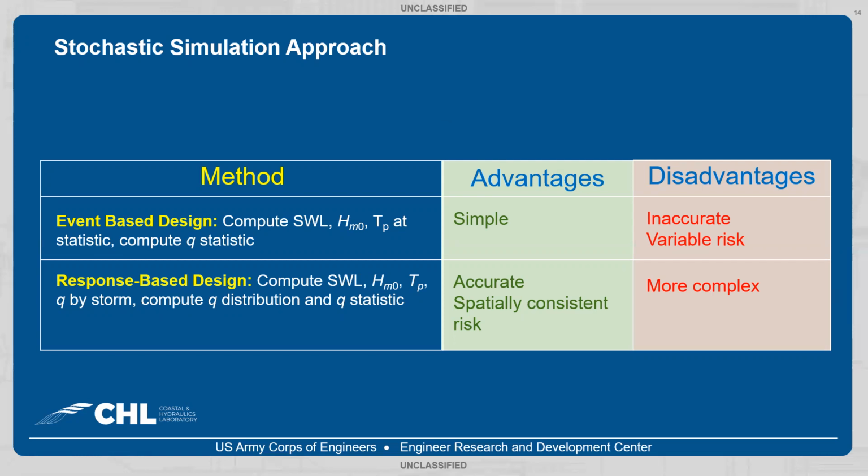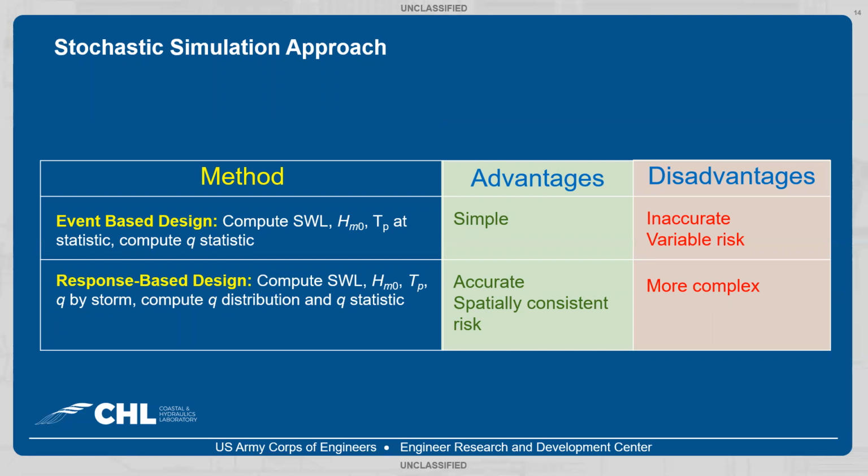It's a very simple approach. The problem is that you get a variable response probability, and so your risk is going to be variable. So it's really an inaccurate response computation. Response-based is where you compute the response for every storm, compute the probability distribution of that response, and then use that to design your project.